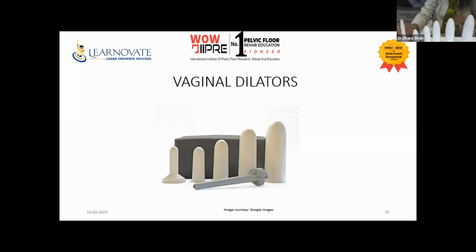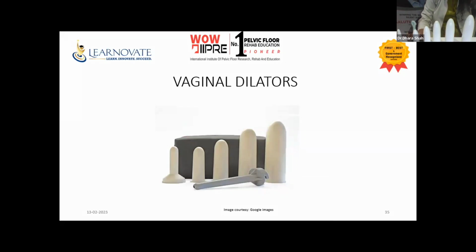You can start with the smallest diameter dilator, and then progress to the larger ones slowly. Start with the narrowest dilator and relax, and once she's comfortable and able to relax with the narrowest one, then you can start with the second dilator. So these are the sets of the dilator.